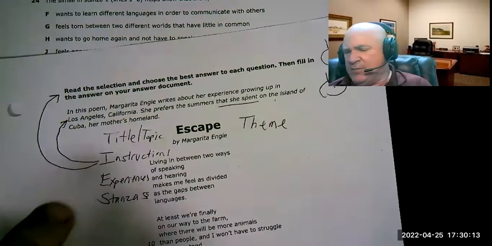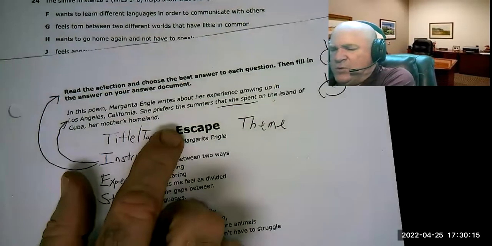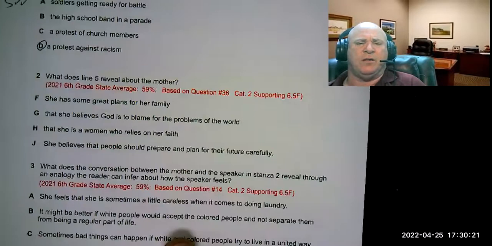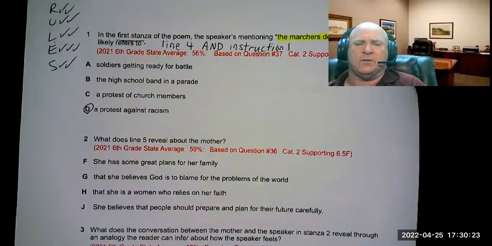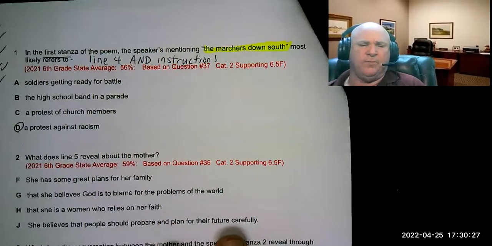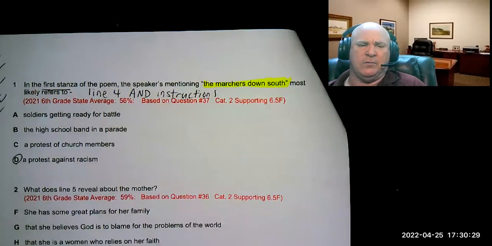So with that in mind, one of my questions, question number 1 on the sixth through eighth grade test. Remember that the eighth grade question about theme got 63%, which is not too bad, but still less than two thirds.